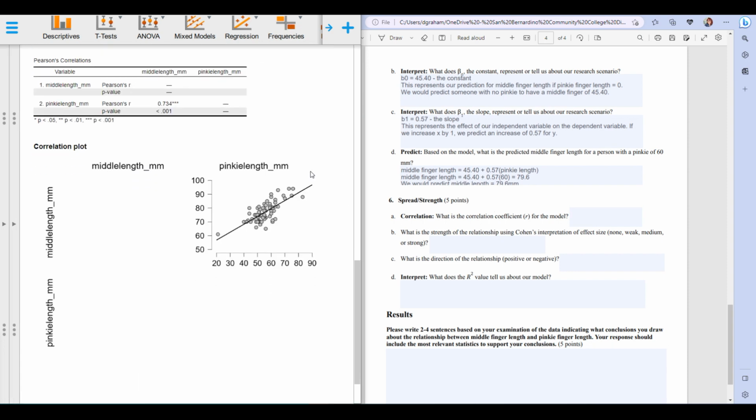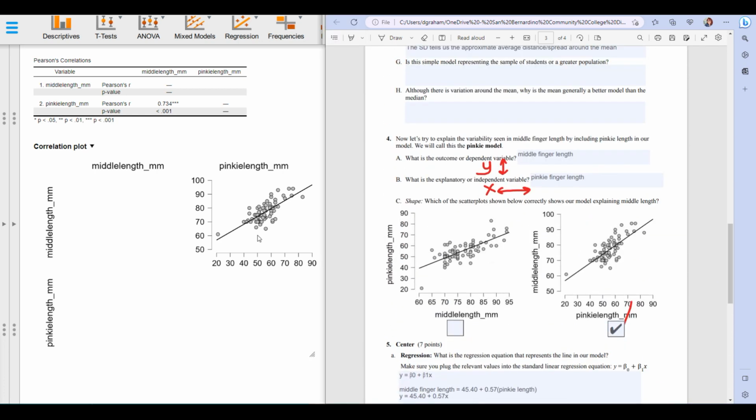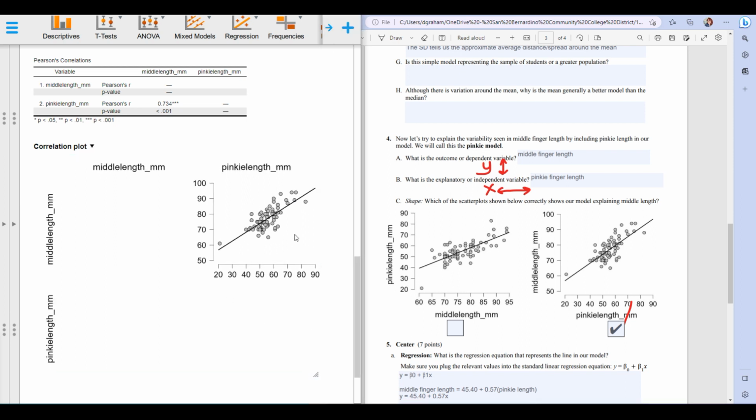So here we go. I edited it a bit for the axes, but we can see we have pinky length on our x-axis and middle length on our y-axis, and here is our graph. It may look a little bit different because it's stretched differently, but I promise you it's the same one as right here.